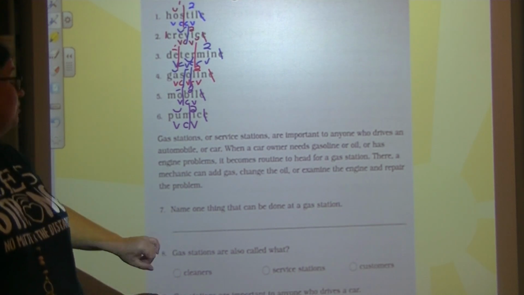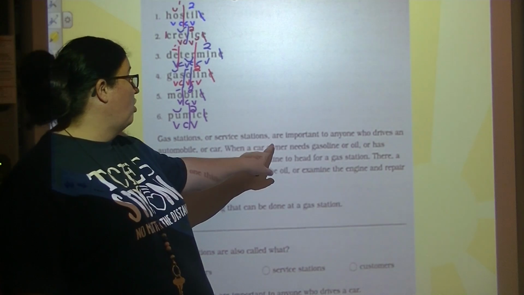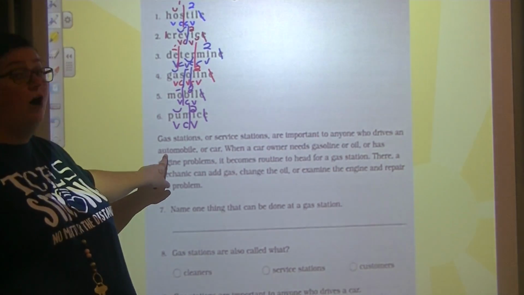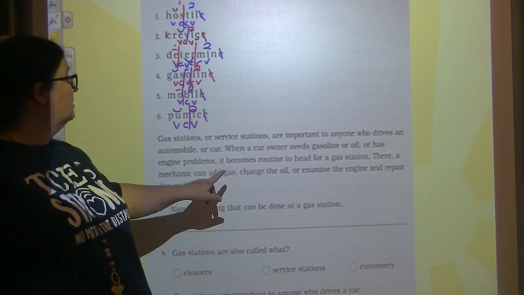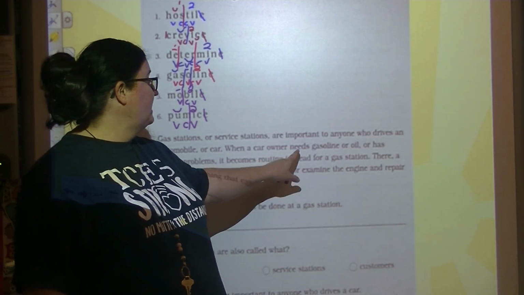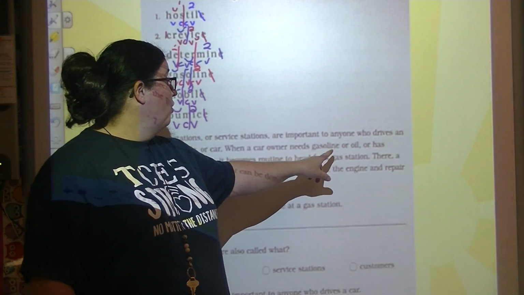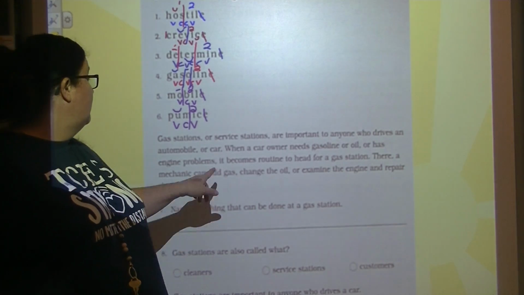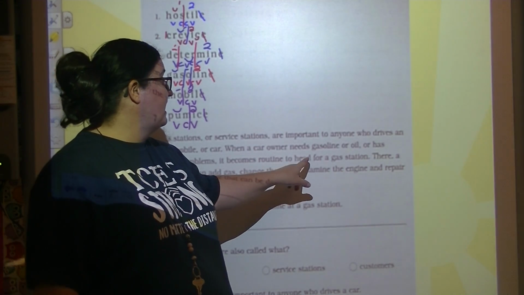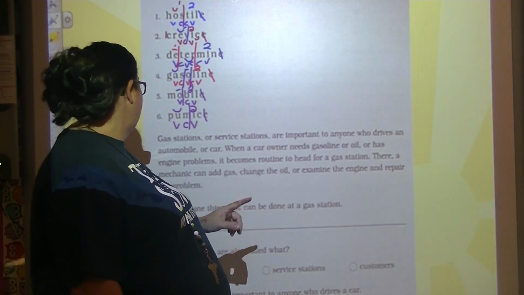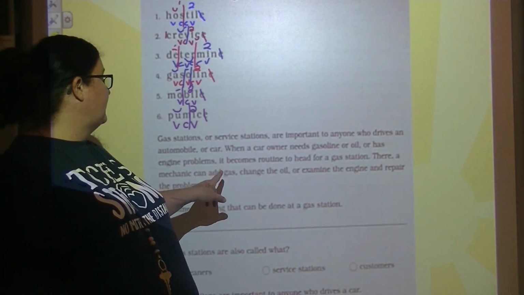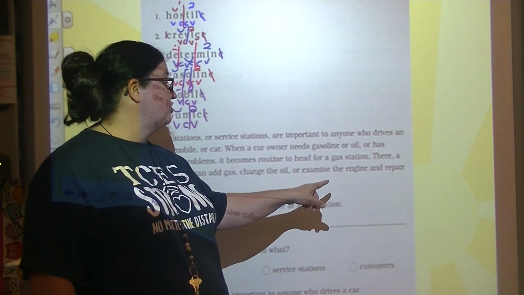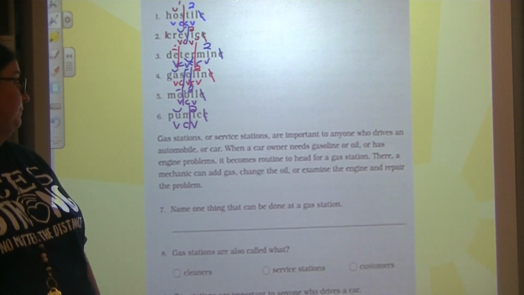Gas stations or service stations are important to anyone who drives an automobile or car. When a car owner needs gasoline or oil or has engine problems, it becomes routine to head for a gas station. There, a mechanic can add gas, change the oil, or examine the engine and repair the problem.